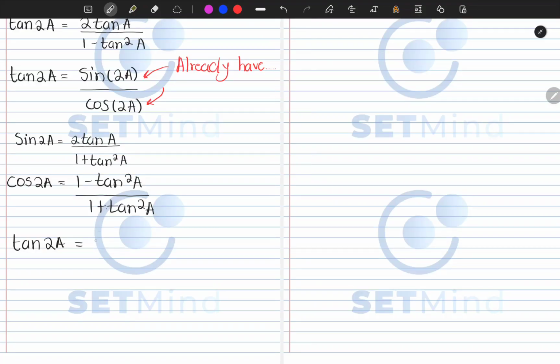So I'm going to have sine, which is 2 tan A divided by 1 plus tan squared A. Then we are dividing by cos, which I'm just going to multiply by 1 over cos, which is going to be 1 plus tan squared A divided by 1 minus tan squared A.